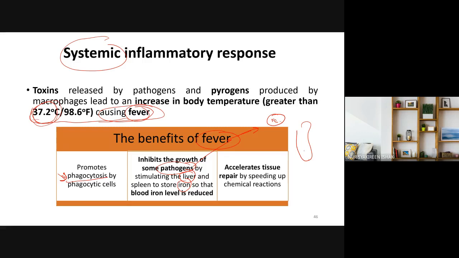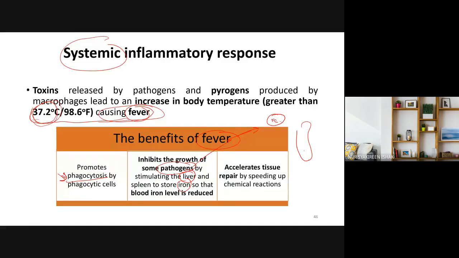It causes your body to store iron in the liver, so there's no iron for the bacteria to depend on, because the iron is needed by the pathogen for its metabolism. Okay, so that the pathogen can continue reproducing. So if there is no source of iron, the iron is stored in the liver due to the high temperature of the body. So the pathogen reproduction and growth will be prevented.